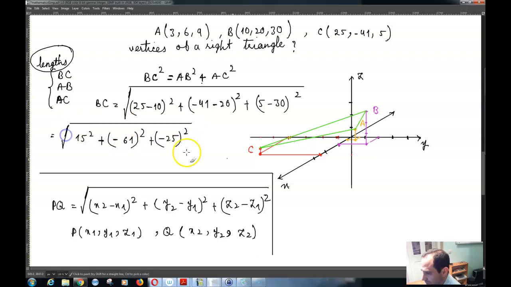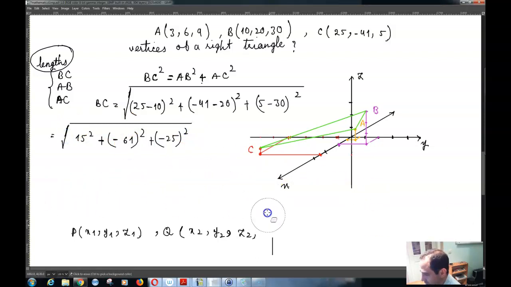I'm going to erase this because I need the space.